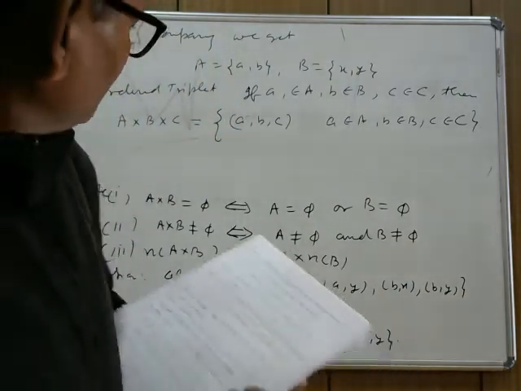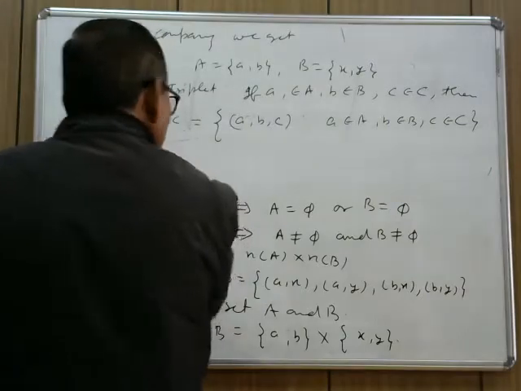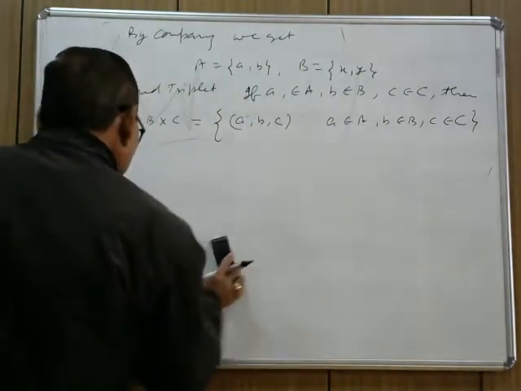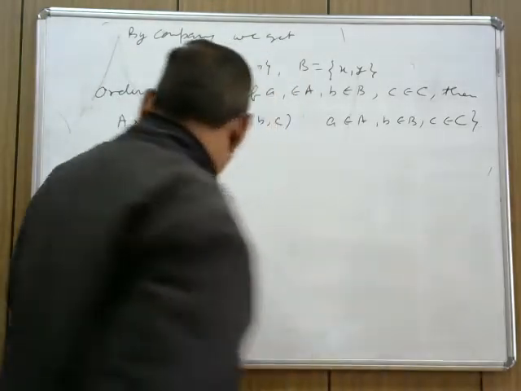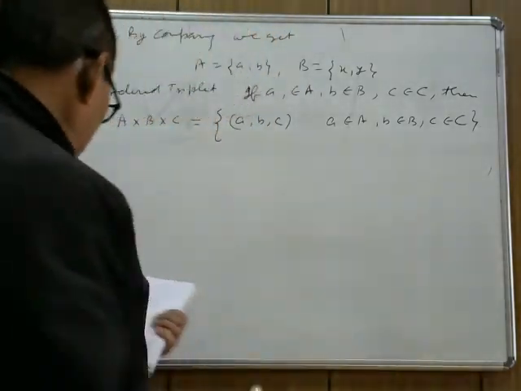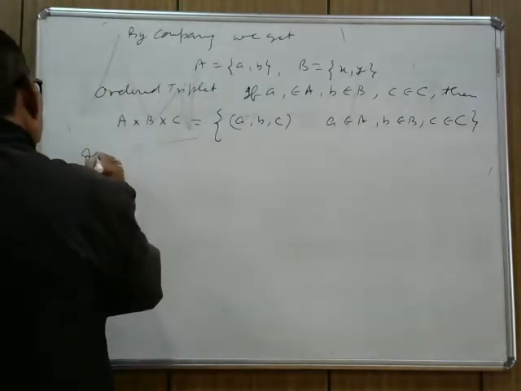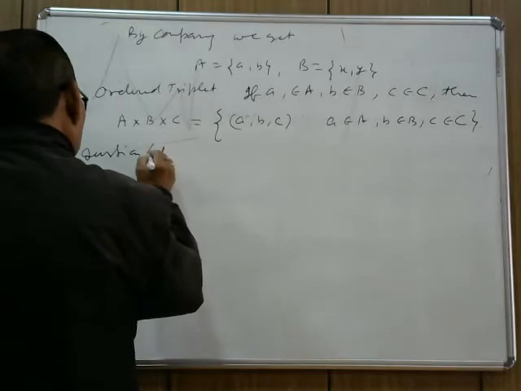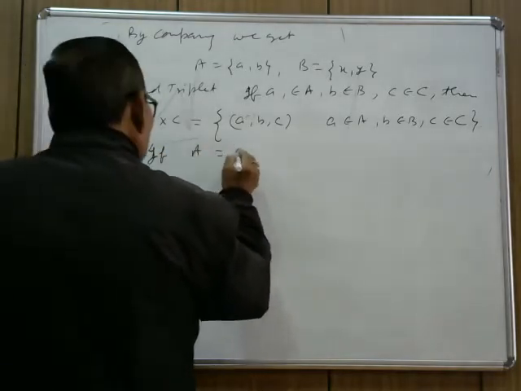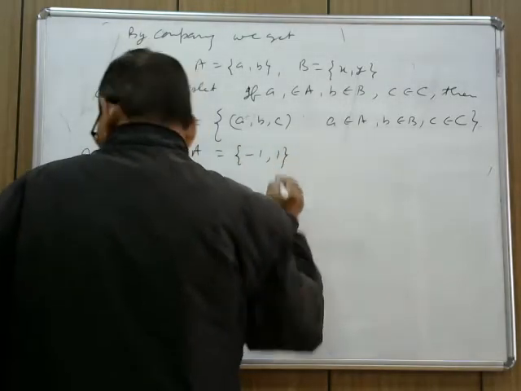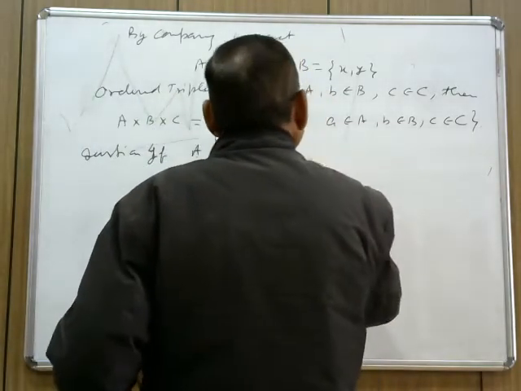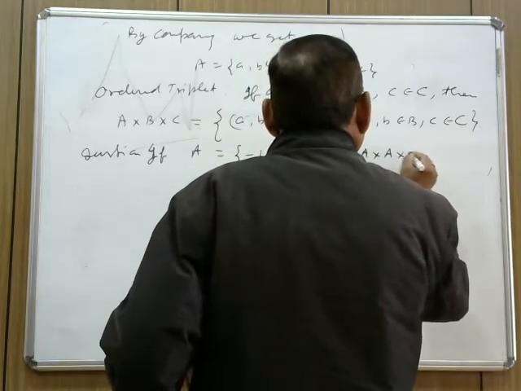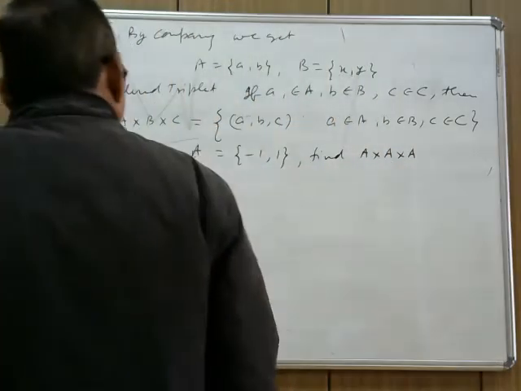Now I am taking a question. Question: if set A is equal to {-1, 1}, then find A cross A cross A. First of all, you find the solution.